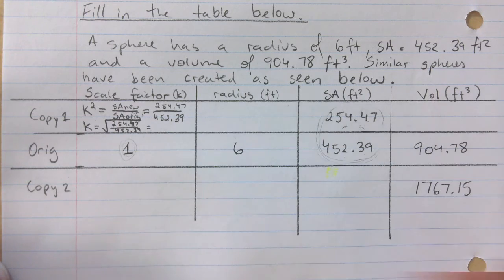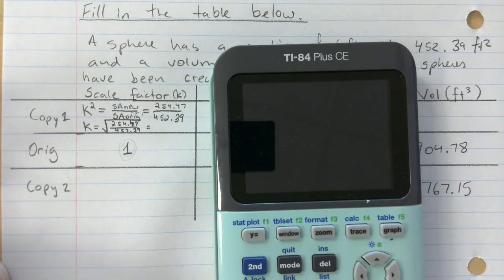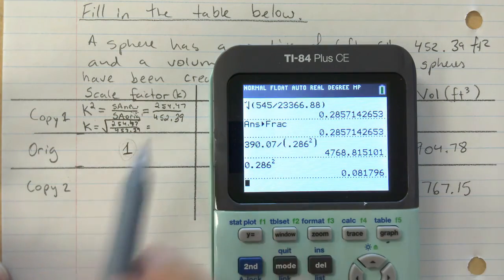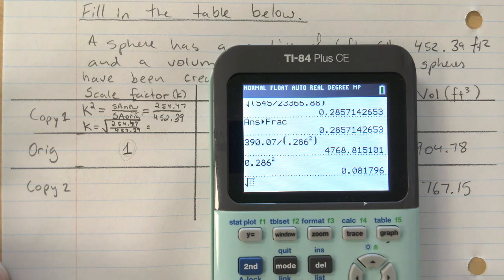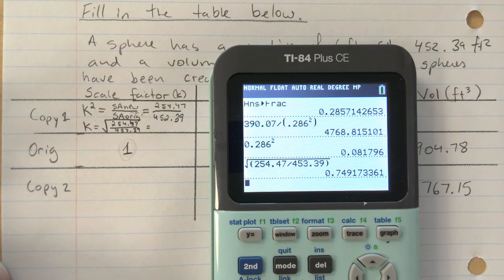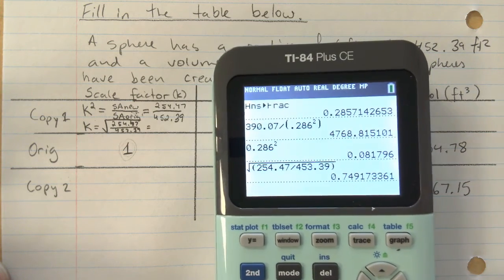My apologies. But I just want to make sure you have all the work in there. So I'm going to go second x2, and then I'm going to go 254.47 divided by 452.39. Close the brackets, and you get 0.75. 0.75. That's the one you want there.